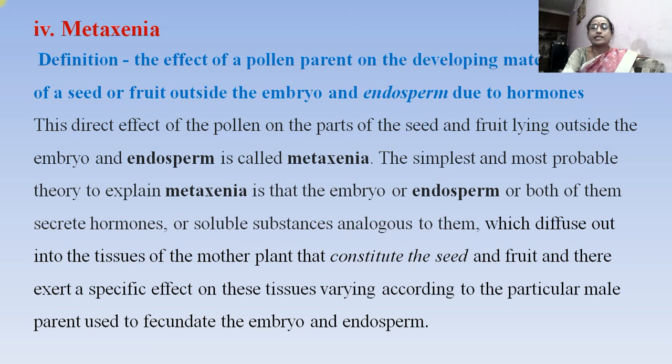The simplest and most probable theory to explain metaxenia is that the embryo or endosperm, both of them, secrete hormones or suitable substances analogous to them, which diffuse out into the tissue of the mother plant and constitute the seed and fruit, and they exert a specific effect on the tissue. And this is metaxenia.